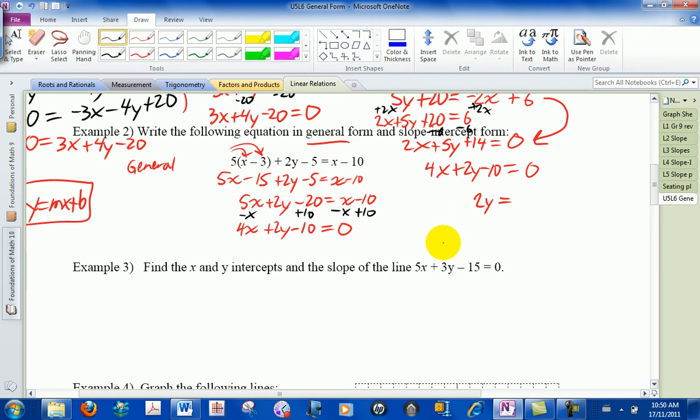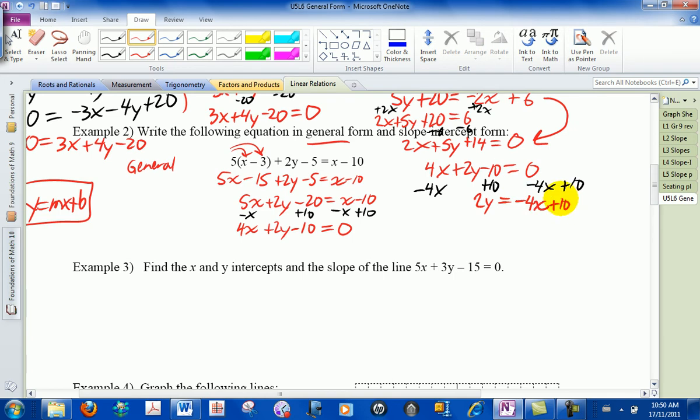The 4x. How do you move it to the other side? Subtract it, right? Stuff we've done. What about the minus 10? How do we move that to the other side? We add it. So on the other side, we go minus 4x plus 10. And that's exactly what we write down below. Minus 4x plus 10.